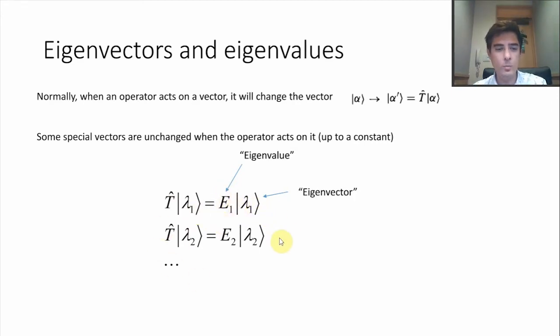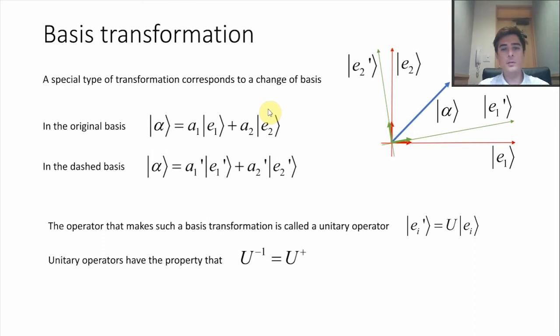An operator might have more than one eigenvalue. In fact, a Hermitian operator will have as many eigenvalues as the dimension. So if it's a 2 by 2 matrix, then there will be two eigenvectors and eigenvalues if it's a Hermitian operator.